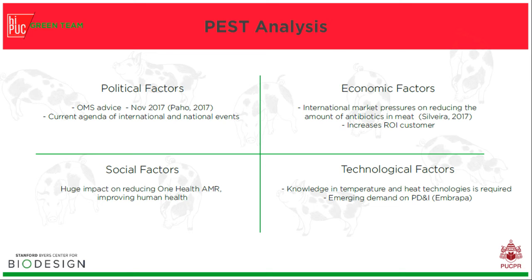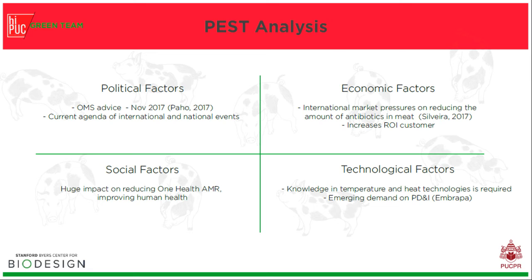We have local Brazilian governments that are part of the global action plan and have developed a national action plan for AMR. We have economic factors. Since Brazil is one of the largest swine producers in the world, there's a lot of international pressure from people that buy the exported meat on reducing the use of antibiotics.